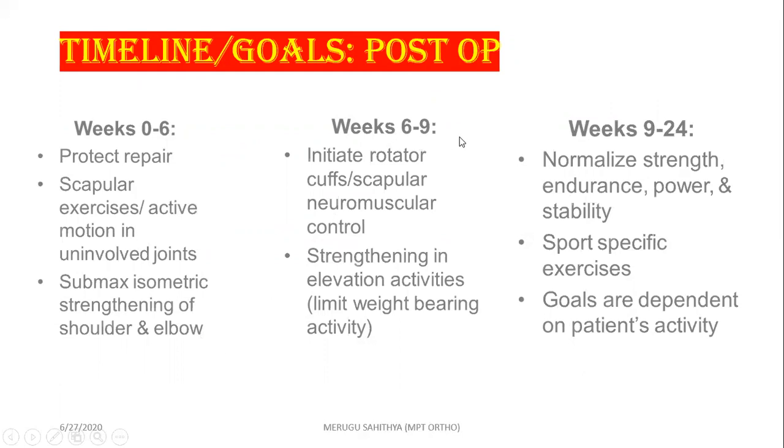From week 6 to 9, initiate rotator cuff and scapular neuromuscular control exercises, strengthening in elevation activities, and limitation of weight bearing activity. From week 9 to 24, strength, endurance, power and stability should be normalized, and sports specific exercises should be encouraged. Goals are dependent on the patient's activity.